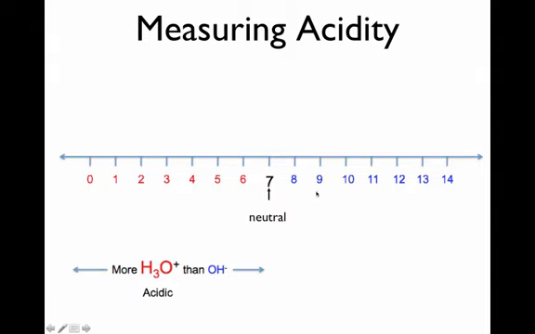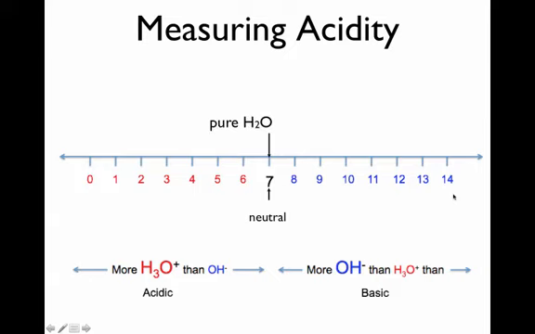As you travel in the opposite direction, as the pH numbers get bigger, the amount of H3O plus in your liquid gets lower and lower. The concentration becomes lower. What you say is that your liquid becomes more and more basic as you travel in the right direction, and the amount of OH minus in your liquid increases as you travel toward the right. So here's neutral pH. As you travel in this direction, your liquid becomes more acidic. As you travel in this direction, in other words, if the pH increases, your solution becomes more basic.